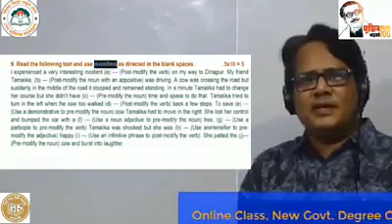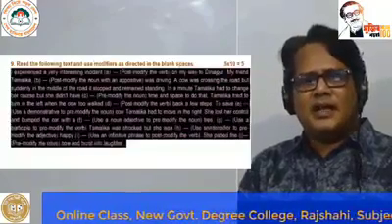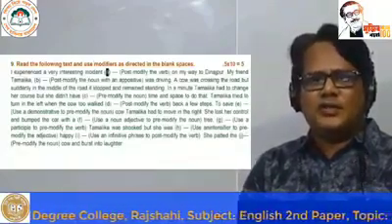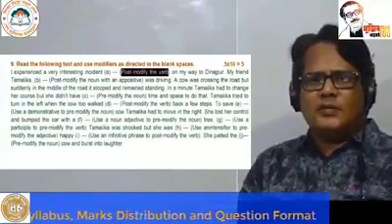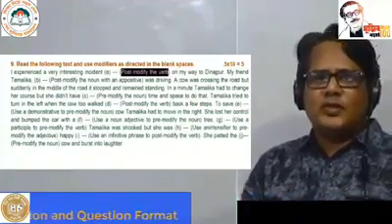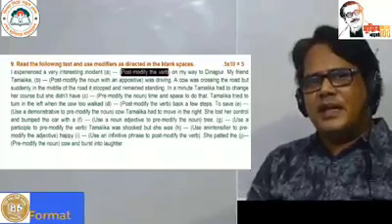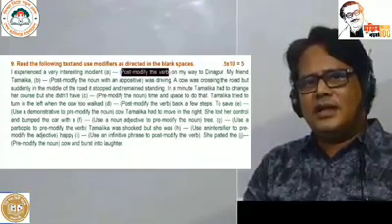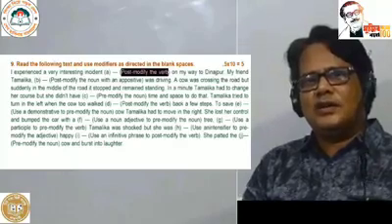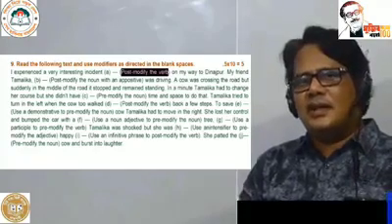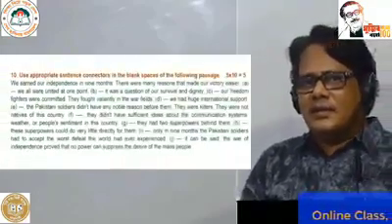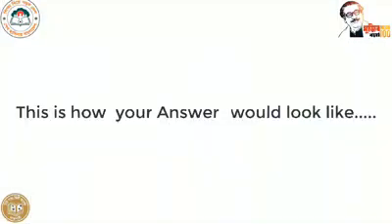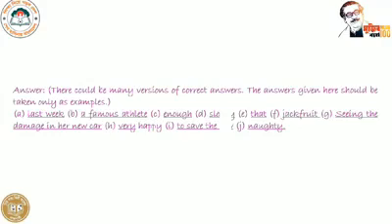There will be a passage having 10 blanks, and in the bracket there will be instructions like pre-modify the noun, post-modify the noun, or pre-modify the verb, or use a noun adjective to pre-modify the noun, etc. You have to write down the correct modifiers according to the instruction as well as according to the meaning of the passage, and total mark is 5. There could be many versions of correct answers.